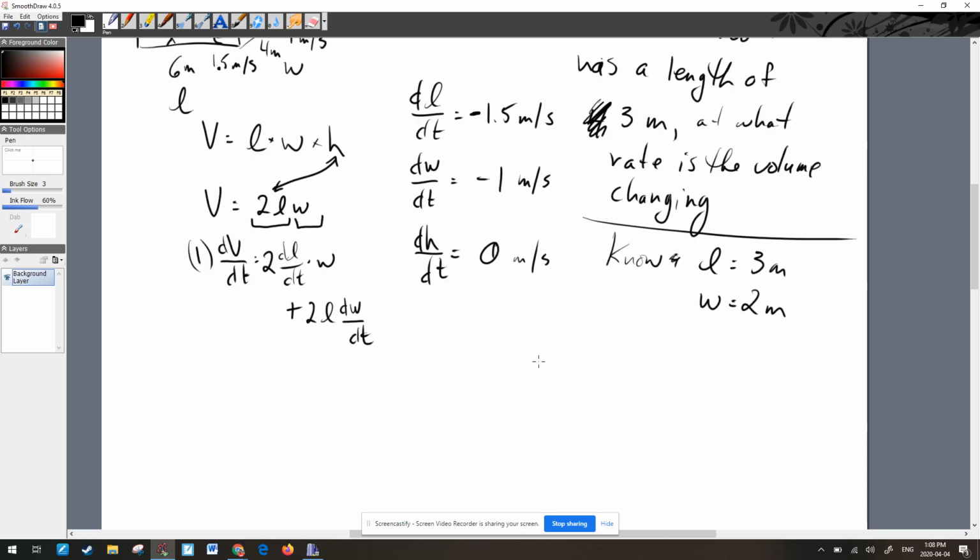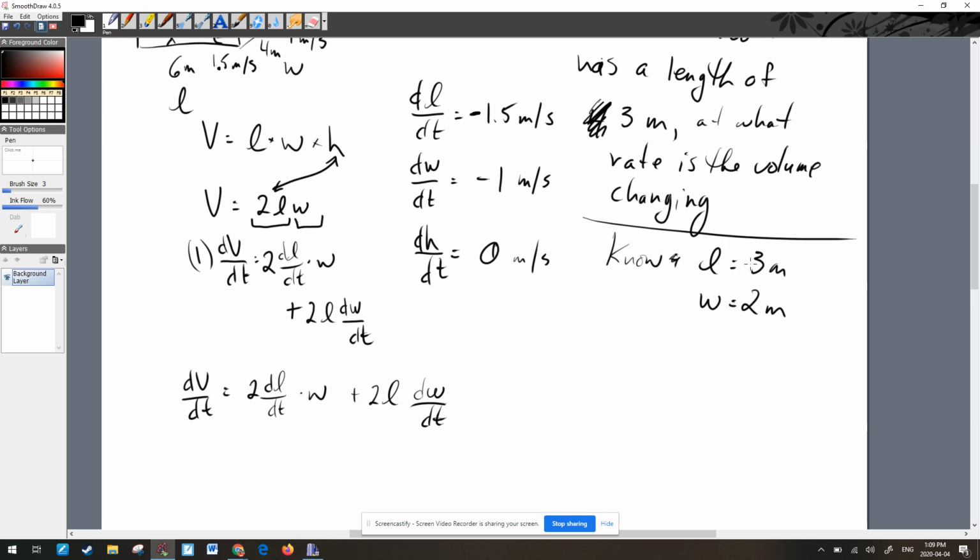Let me rewrite it a little bit cleaner. 1 times dV by dt is just dV by dt, and that's going to equal 2 dL by dt times W plus 2L dW by dt.